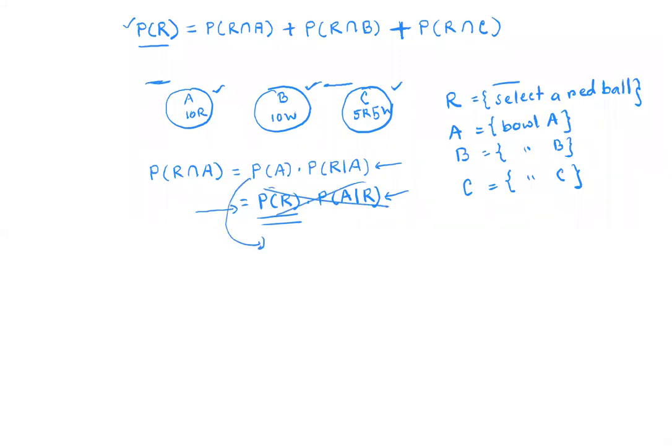What is the probability that you will select bucket or bowl A? There are three of them. If you do it randomly, it's going to be 1/3. What is the probability of selecting a red ball if you select bucket A? That means you selected this one. What is the probability that you will select a red ball? Here you have 10 red balls.